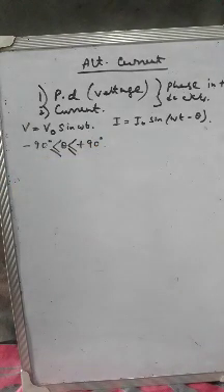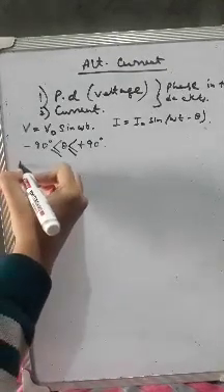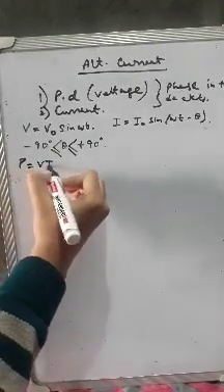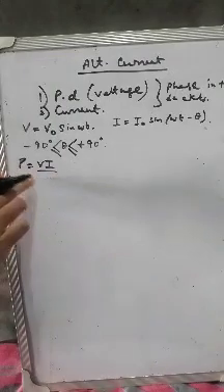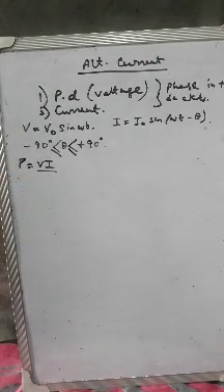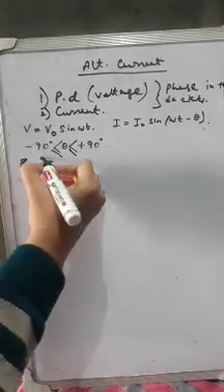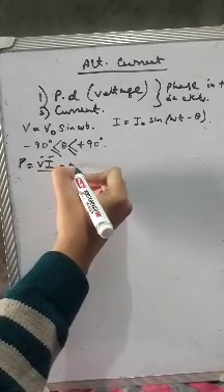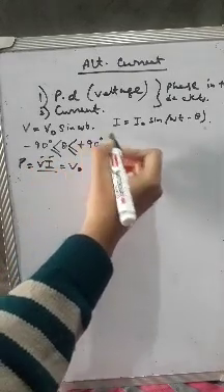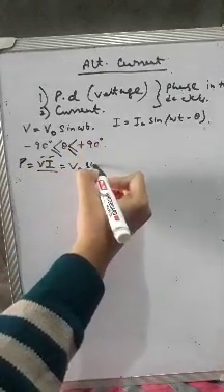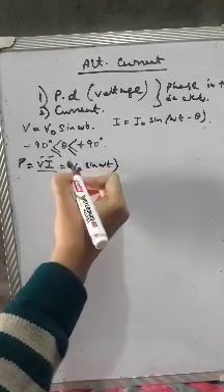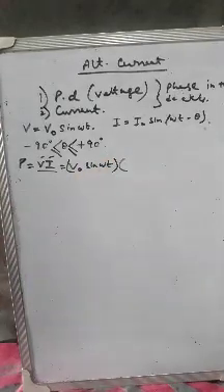For this condition, the power will be P equals VI, as we usually write the expression for power. So let's put the values for V and I. V is V naught sine omega t, and what is the expression for I?